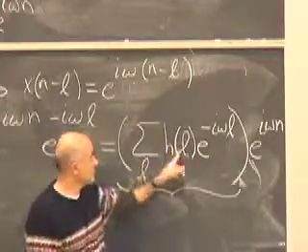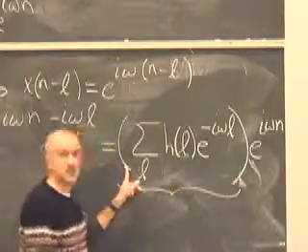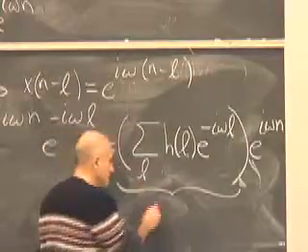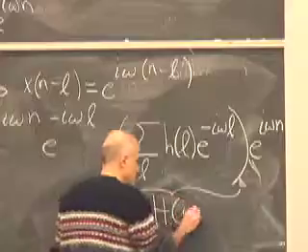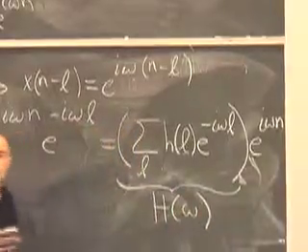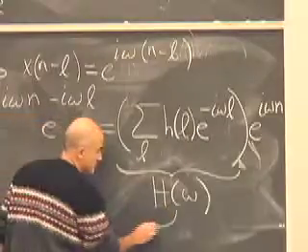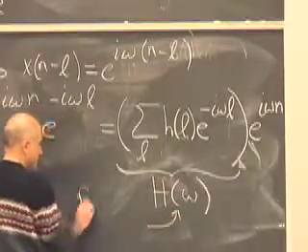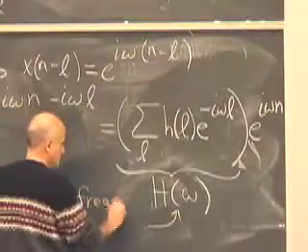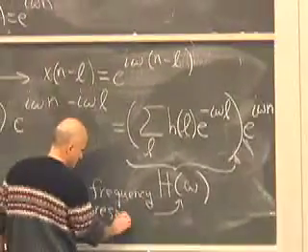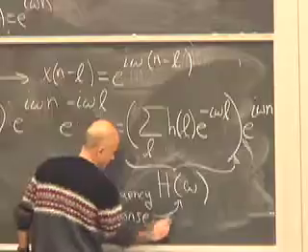I'm summing over all L, so after I do the summation here, I'm not going to have any more L's in my expression. I call this H of omega. Okay? This is called the frequency response of the LTI system.